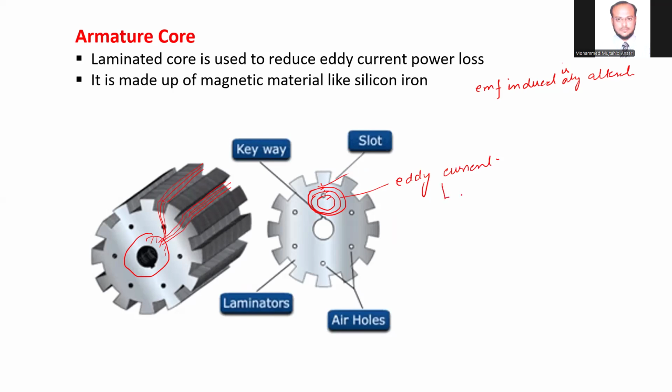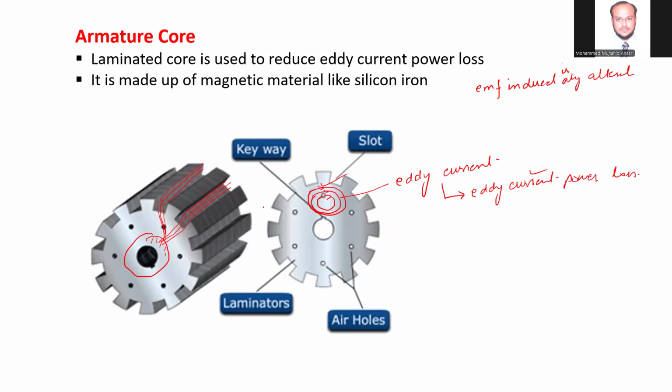And this eddy current gives rise to power loss. So it will give power loss inside the machine, isn't it? To reduce that eddy current power loss, the structure is made up of laminations. What is the meaning of laminated? This is one strip. Now the second strip is there.